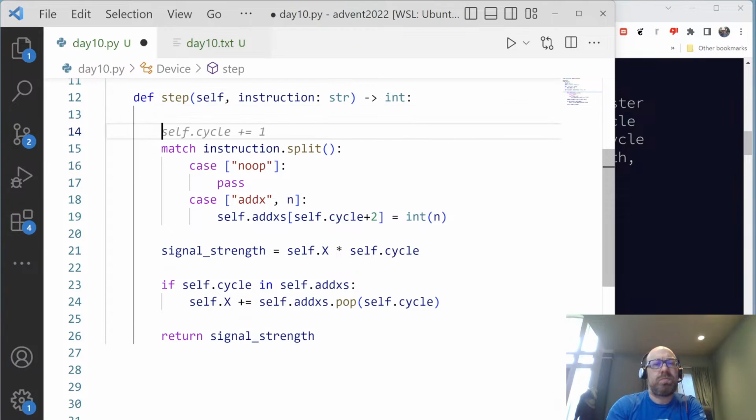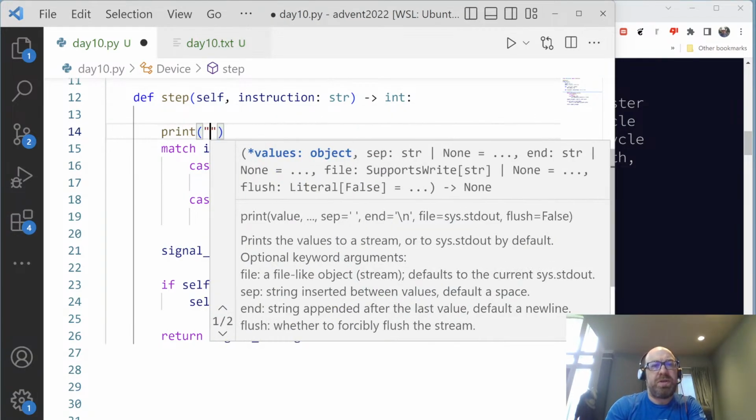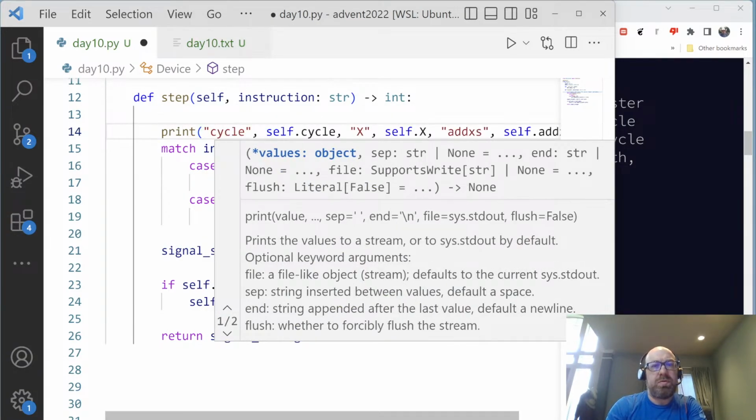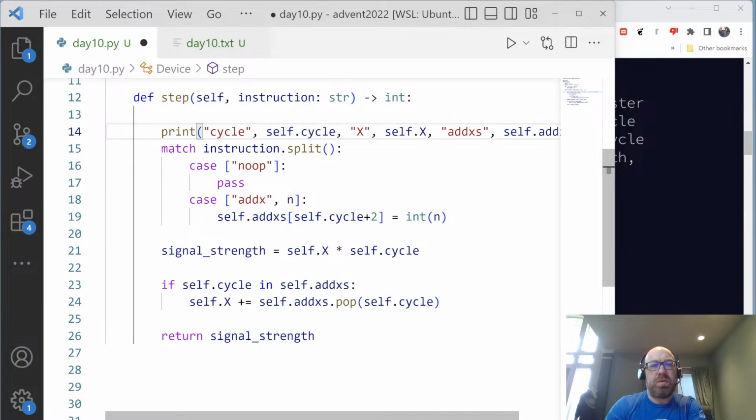Okay, so let's say print cycle, self.cycle. That's fine.